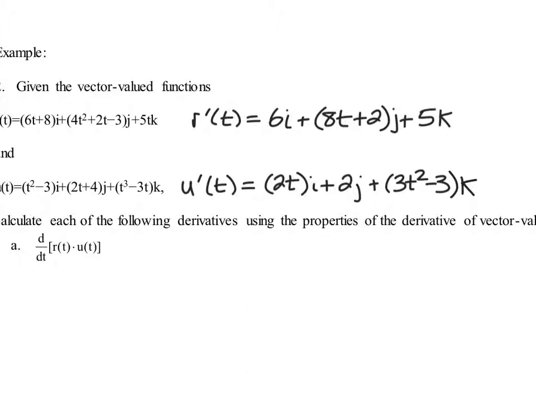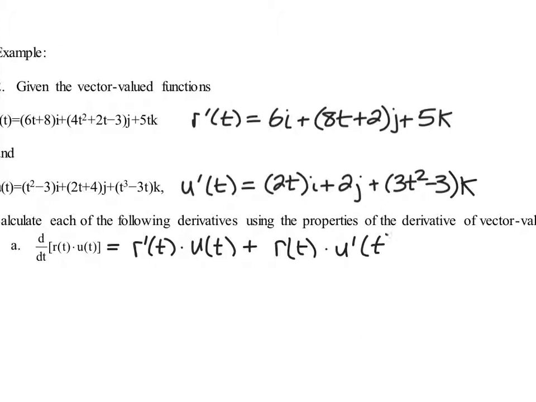All right. So I'm going to take my derivative here. The derivative of the dot product of vector valued functions r and u. So r prime of t dotted with u of t plus first times r of t. See, I'm doing it by the formula and I don't like doing it.